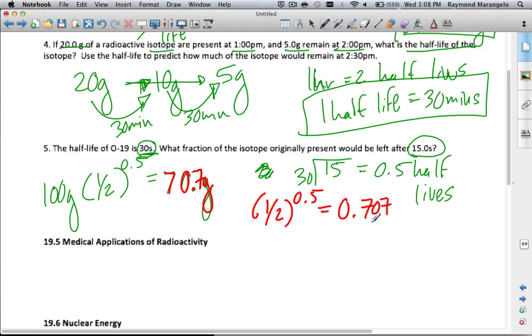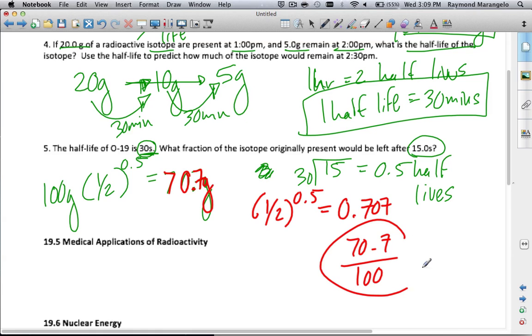That's the decimal, and your fraction therefore is, I guess it wants it in a fraction, but it doesn't have it listed. That's okay. You have your decimal there, and the fraction is just 70.7 over 100. And that's all you need right there.